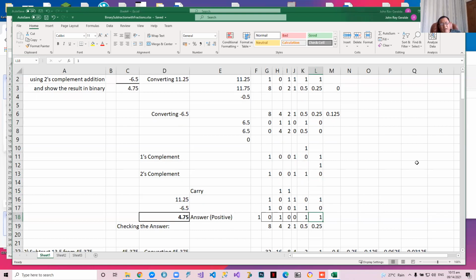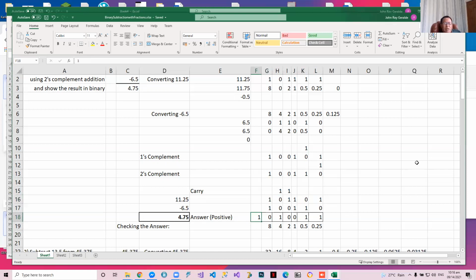1 plus 0 is 1. 0 plus 1 is 1. 1 plus 1 is 0, carry 1. 1 plus 1 is 0, carry 1. 1 plus 0 is 1 without any carry. 1 plus 1 is 0, carry 1.